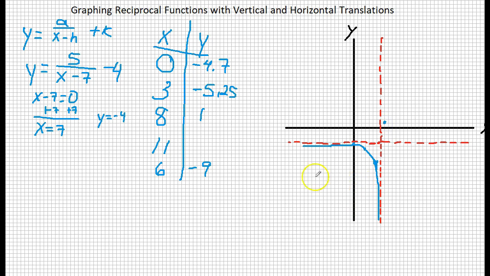Now let's try 11. 11 minus 7 is 4. 5 divided by 4 is 1.25. Subtract 4 from that, I get negative 2.75. So that's 8, 9, 10, 11.